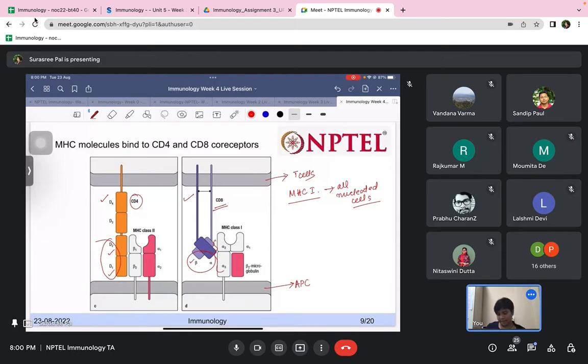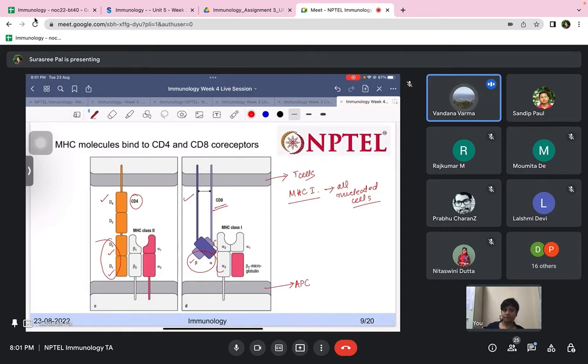Shall I try to attempt this answer? Yeah, sure, go on. Ma'am, I would like to explain it in this manner, that MHC class 1 molecules are present in all the body cells. And which cells are reading these MHC class 1 molecules? Those T cells that contain CD8 co-receptors. So these cells are called cytotoxic cells.